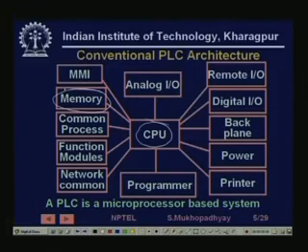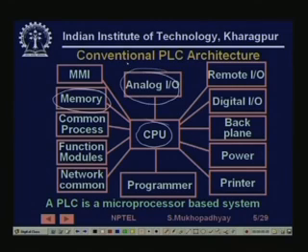You can easily make out that PLC applications are very rich in I/O, because their basic job is to interact with the physical world, right. So you have various kinds of I/O. For example, you have analog I/O, you have digital I/O, you have remote or sometimes called distributed I/O, you also have network communication, much of it again I/O.